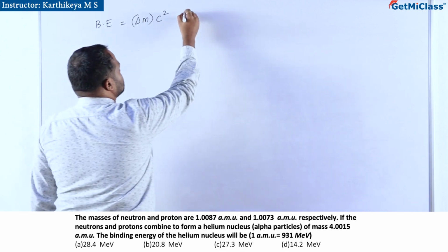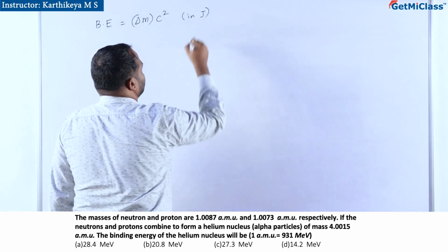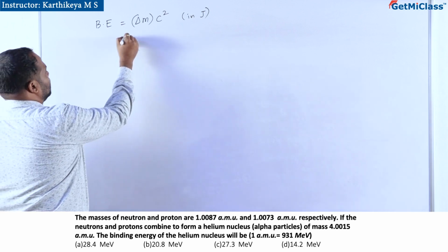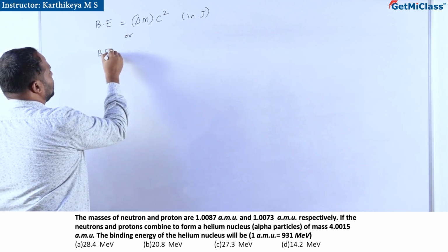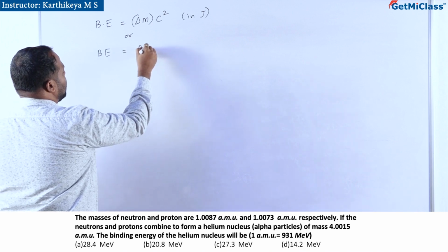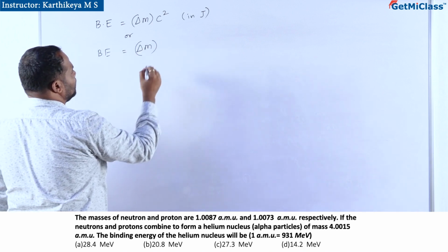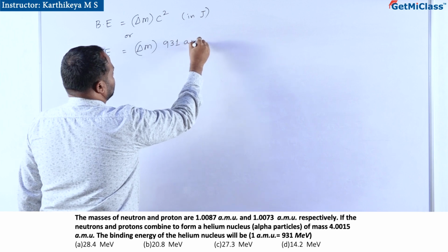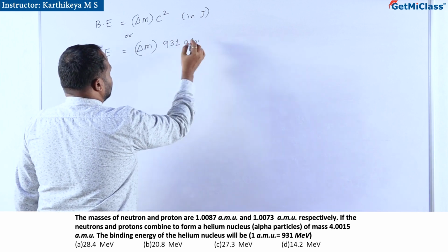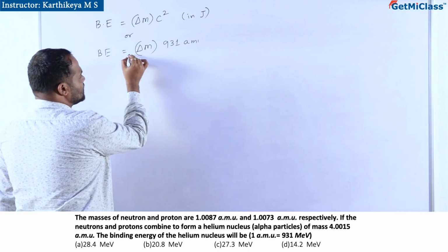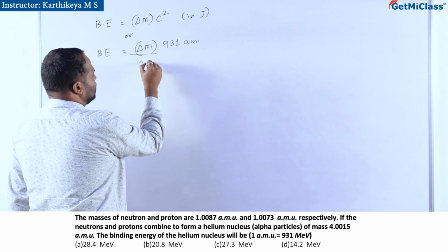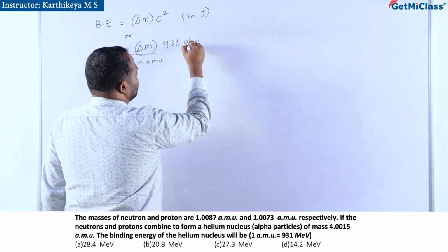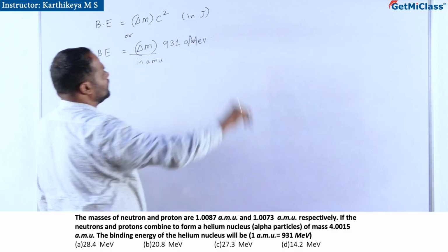This is in terms of joules if you want to get the answer, or else binding energy can also be written as, we all know, mass defect delta m into 931, because mass defect is in terms of atomic mass unit, into 931 mega electron volt it will be.